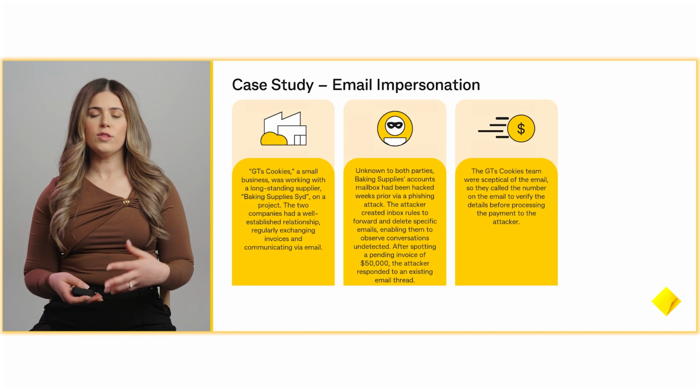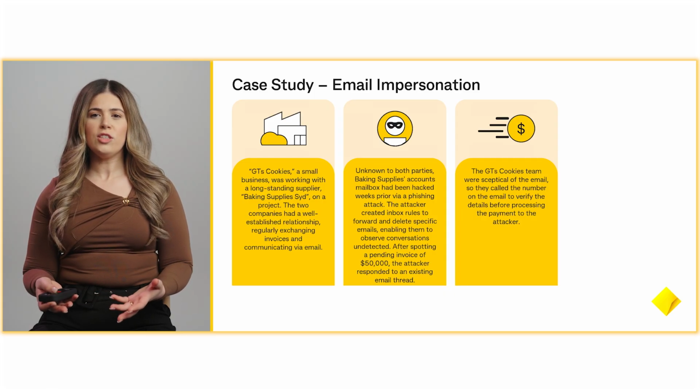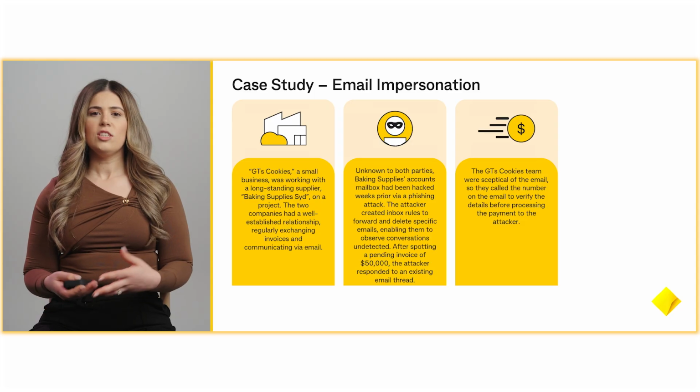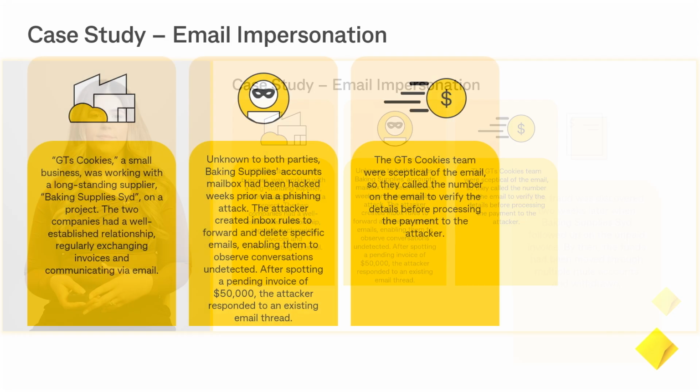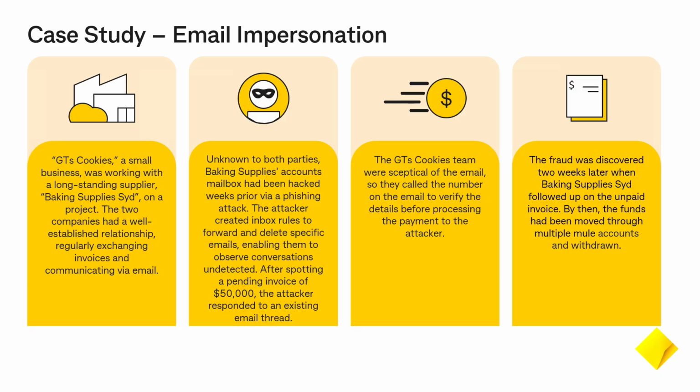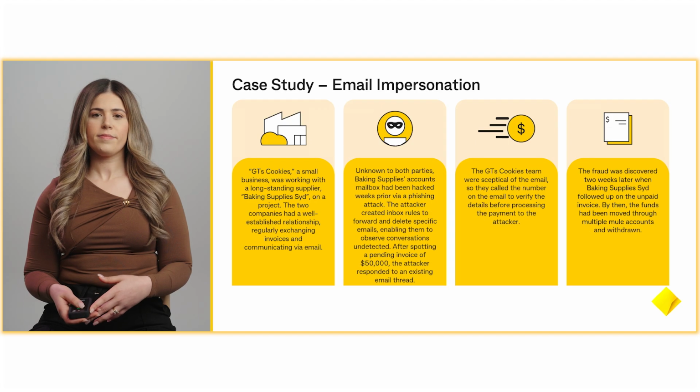It came from the real supplier's email address and referenced ongoing orders. Without verifying the change through a trusted contact, GT's finance team processed the payment to the scammer's account. The scam was only discovered weeks later when Baking Supplies followed up on the unpaid invoice.